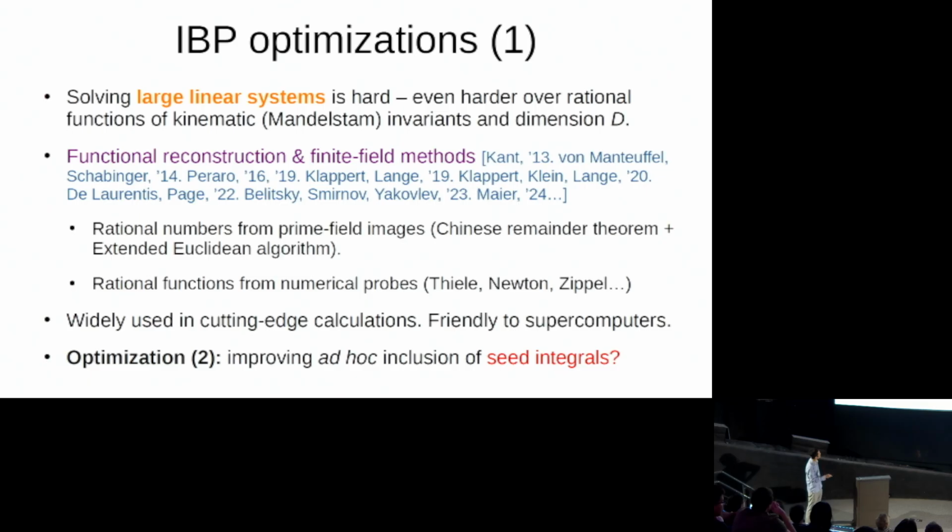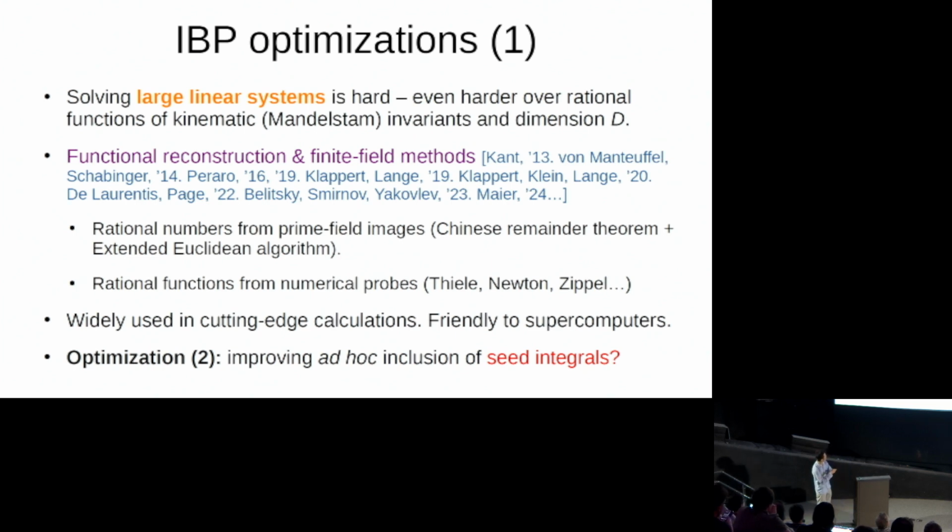A technique which brought a mini revolution to this field is using finite fields and rational function reconstruction methods. The observation is that if you compute with rational numbers, the numerators and denominators in your calculation can easily grow up to be hundreds of digits long in intermediate stages, and that slows down your calculation.